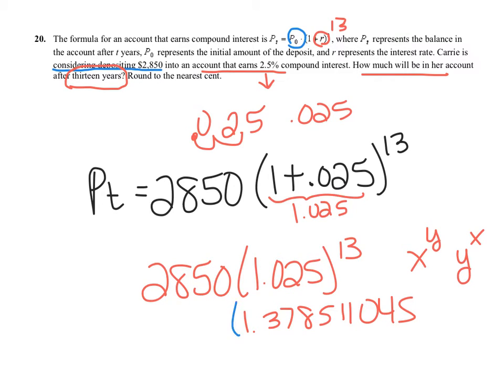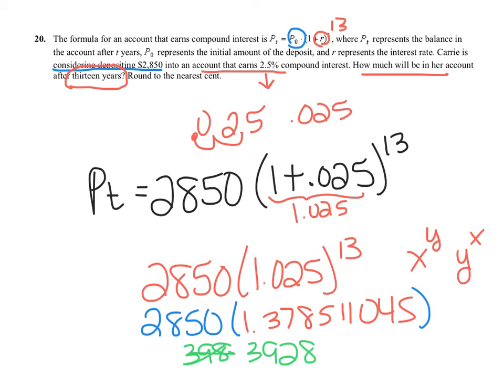Okay, now we have to take that lovely decimal and multiply it by 2,850. And when we do that, we get the lovely answer of $3,928.76. This says round to the nearest cent, which means we've got to round to that last number right there.